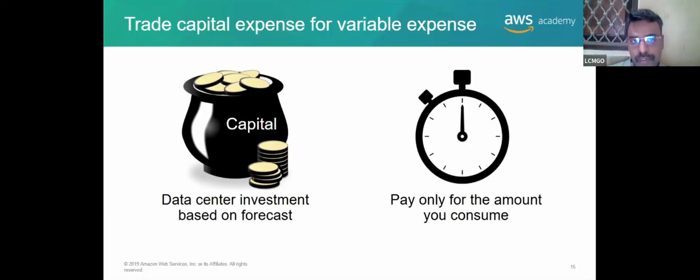Trade capital expense means that instead of investing money in a data center, you use that money on variable things, like your employees or whatever else you want to invest in. I think you will have a salary now, with variable pay. What is meant by variable pay?